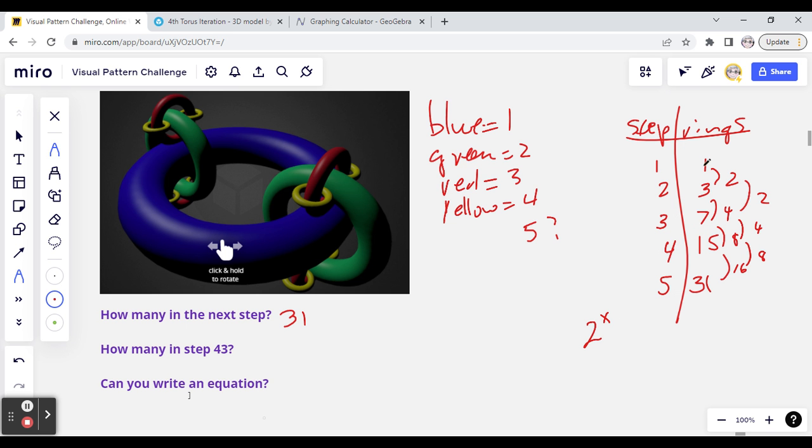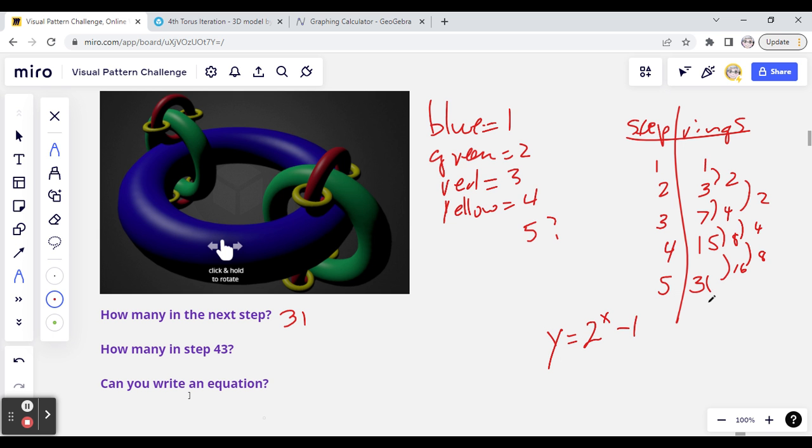Now that I'm noticing this, it looks like we're always 1 less than 2 to that power. So 2 to the fourth power, 2 times 2 times 2 times 2, would be 16. This is 15. We have 1 less. 2 to the fifth power would be 32. We have 31. That's 1 less. So I think I can just take this and subtract 1 from it, and that would be our equation.